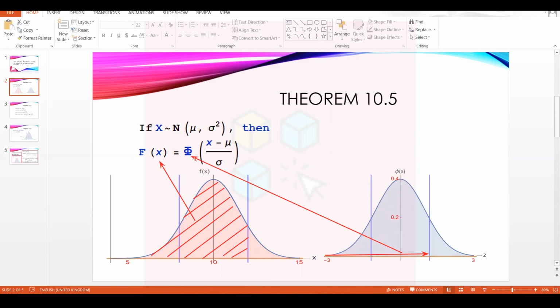So capital F and capital phi are the distribution functions of the normal and standard normal distributions.